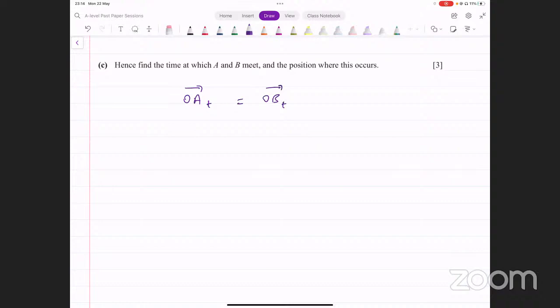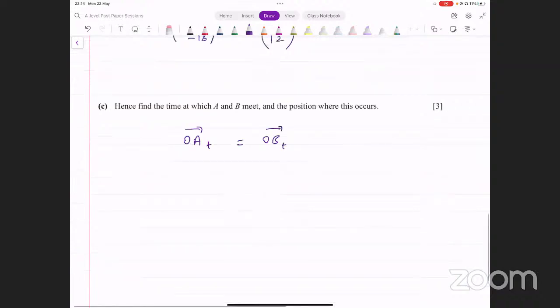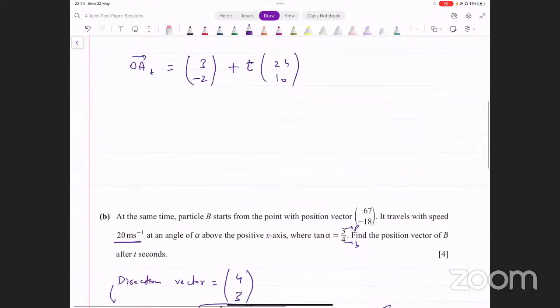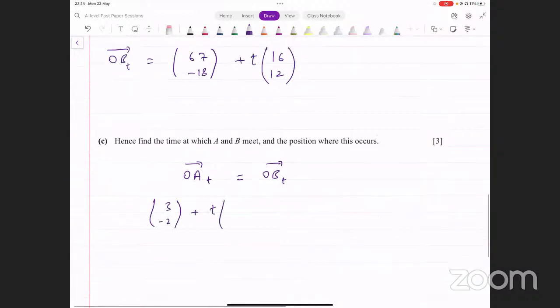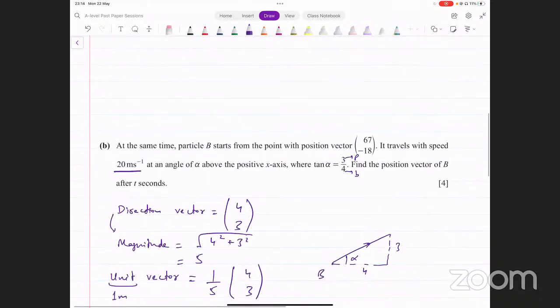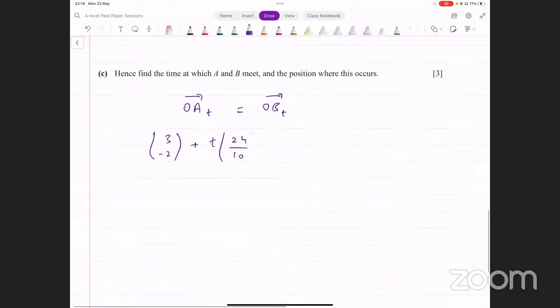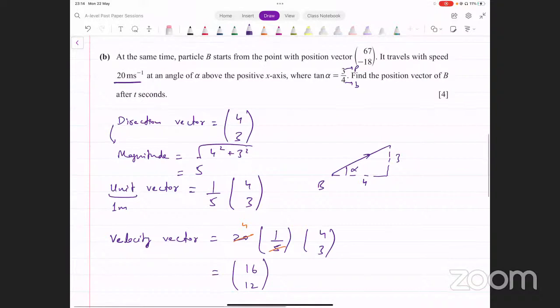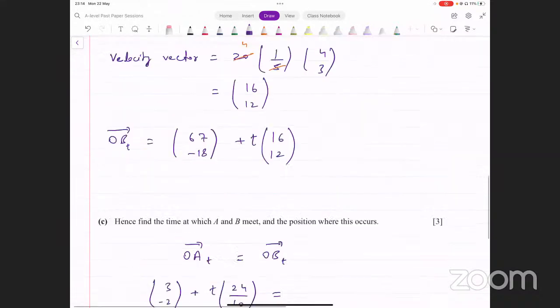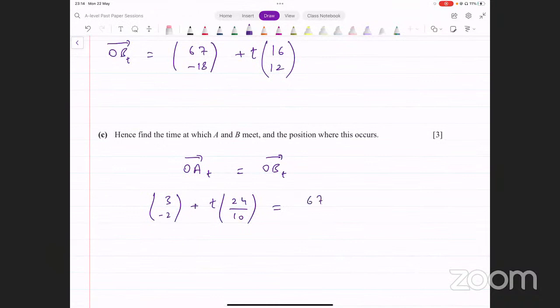वी हैव फाउंड द पोजीशन वेक्टर्स फॉर बोथ ऑफ देम ऑलरेडी. A का पोजीशन वेक्टर भी आ गया. वो क्या है? (3, -2) plus t into (24, 10). अच्छा, B ने भी उसी सेम टाइम पे मूव करना स्टार्ट किया था, तो इसका भी वही टाइम है. उस तरह से टाइम सेम है दोनों का. और इसका पोजीशन वेक्टर हमारे पास क्या आ गया? (67, -18) plus t into (16, 12).